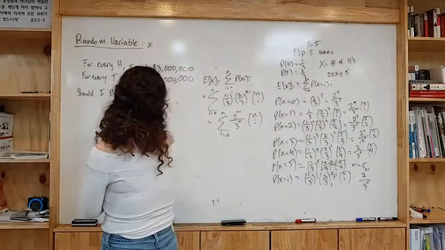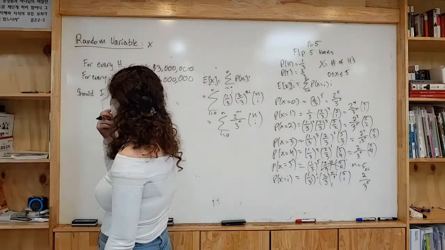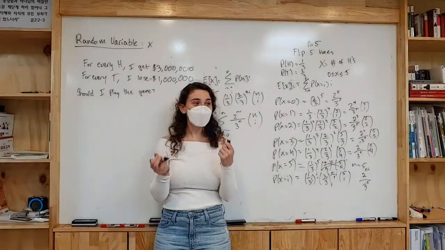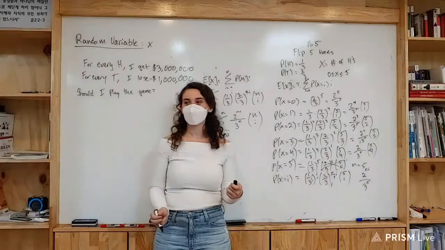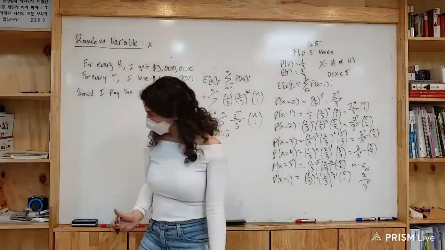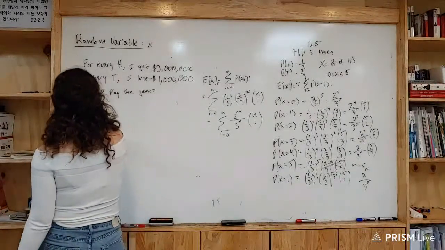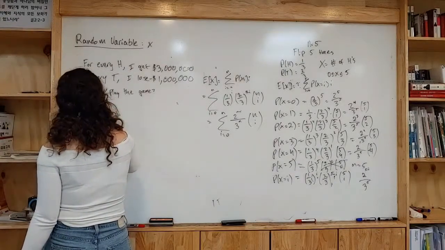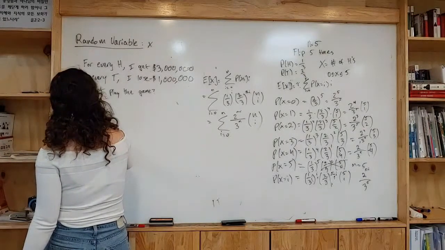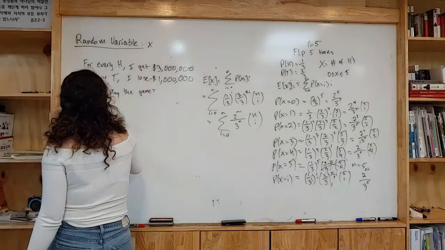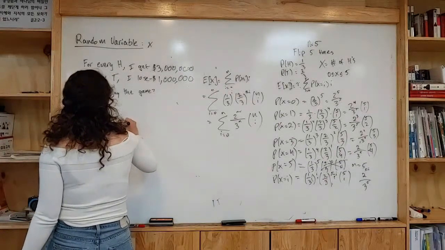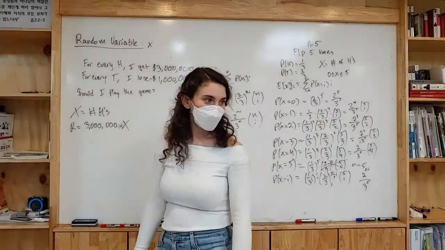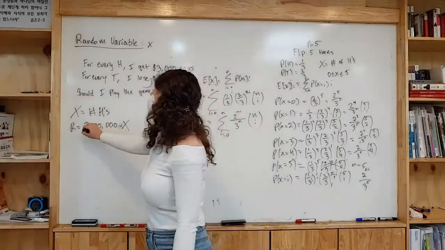Okay. So, let's see. For every H, I get $3 million. How many H's do I expect to get? Remember X equals number of heads. R equals 3 million times X. For every heads, I get 3 million.